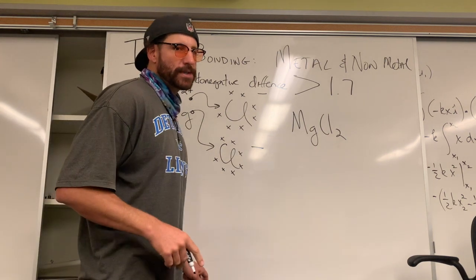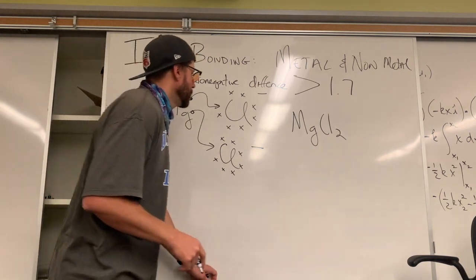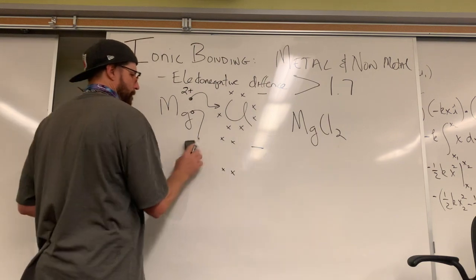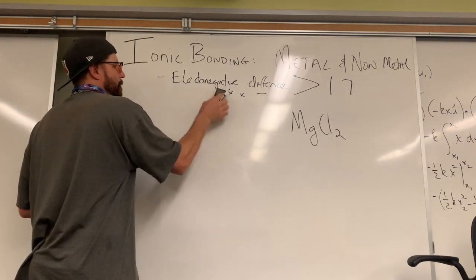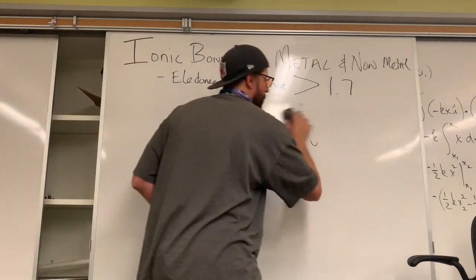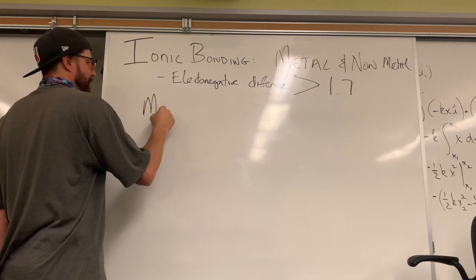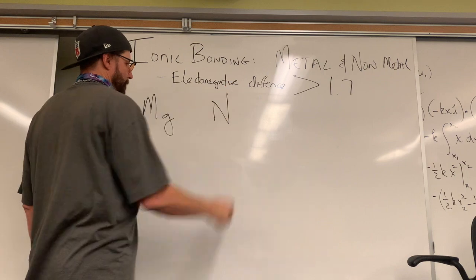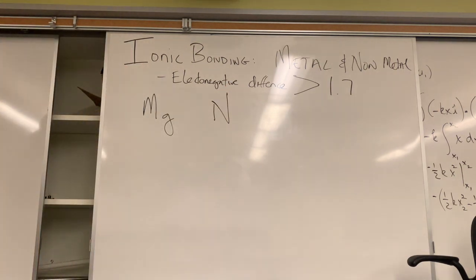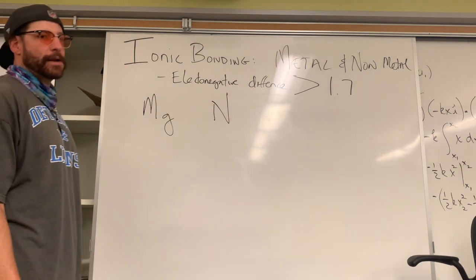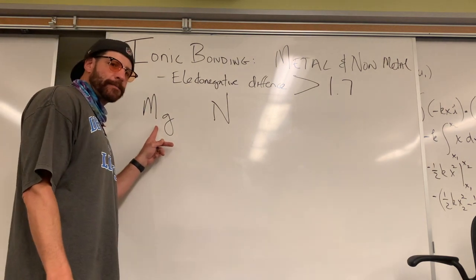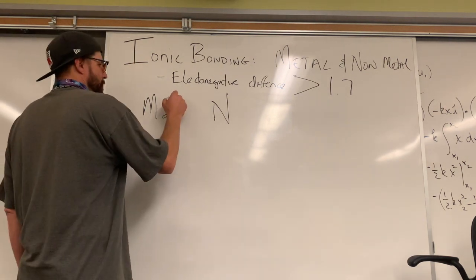Let's do one more example. And instead, how about magnesium nitride? Magnesium and nitrogen. If these two were to bond together, what would that end up looking like? Well, again, magnesium has 2 valence electrons.